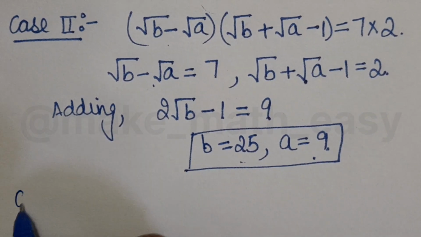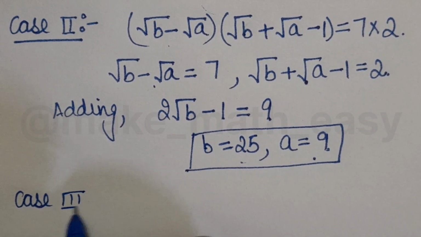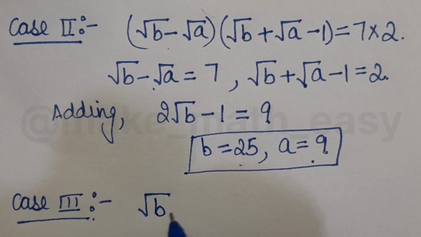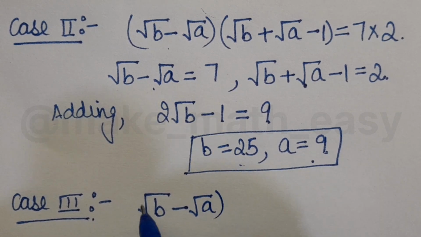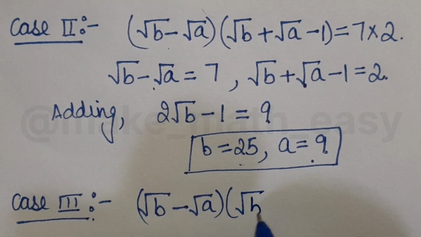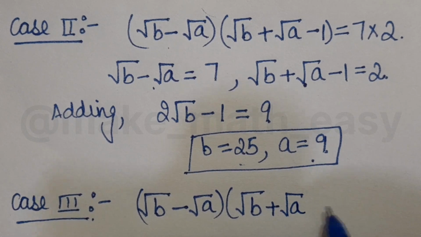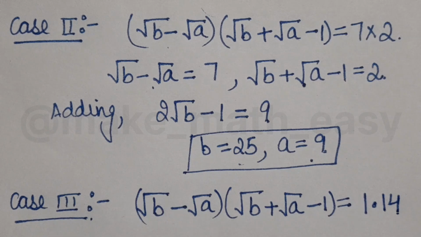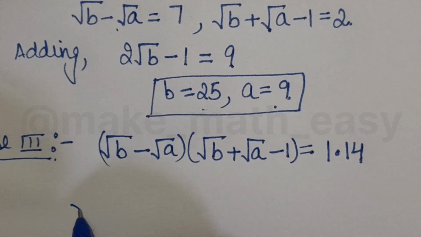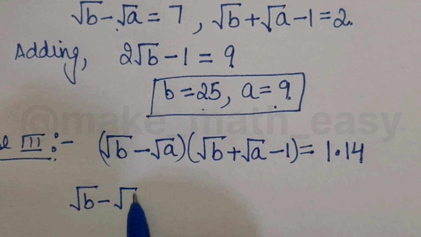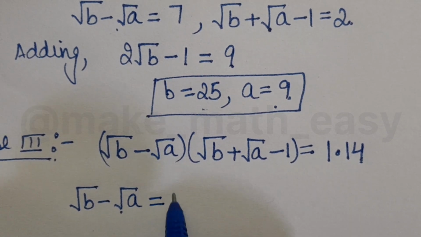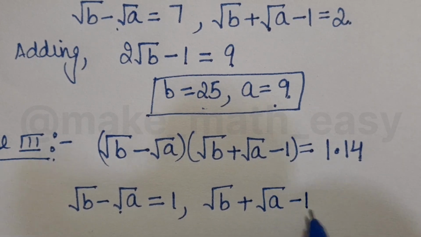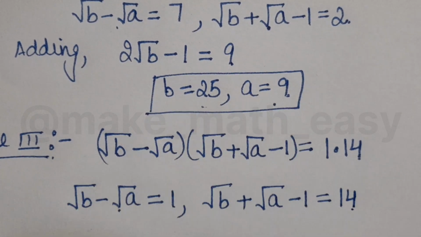Now taking case 3. That is root b minus root a into root b plus root a minus 1 equals to 1 into 14. So repeating the above process, root b minus root a equals to 1, and root b plus root a minus 1 equals to 14.